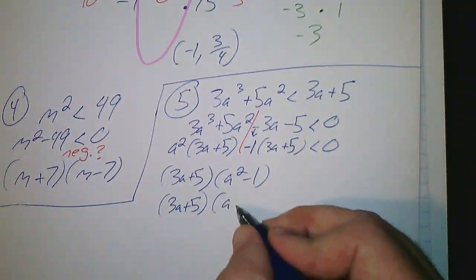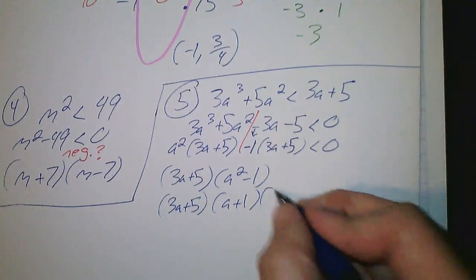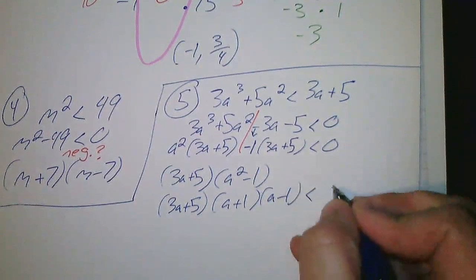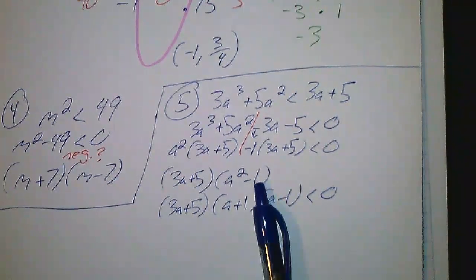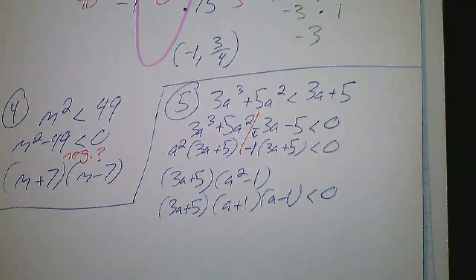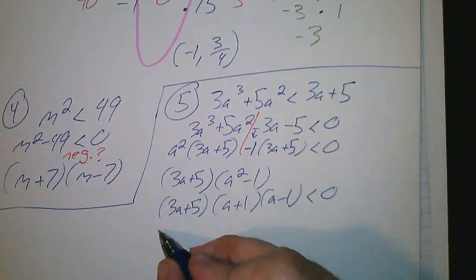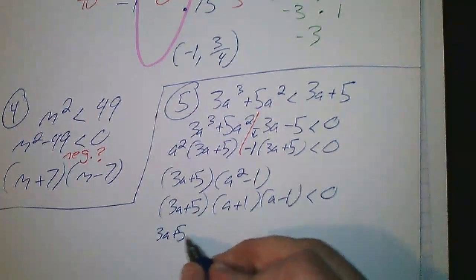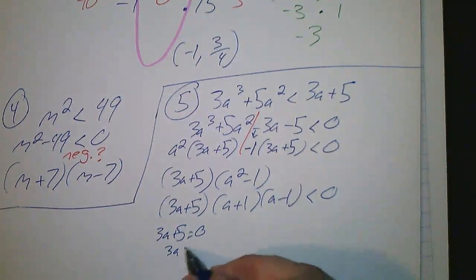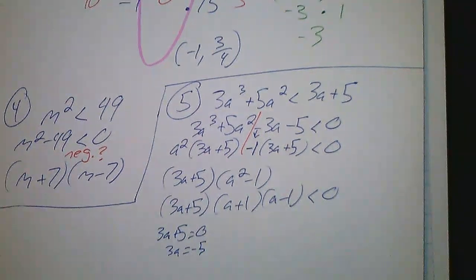But this one, students will miss a squared minus 1 as a difference of squares, but it is. The square root of 1 is 1. So this is where we get our factors, our solutions, would be to set these equal to 0. Move the camera down again.